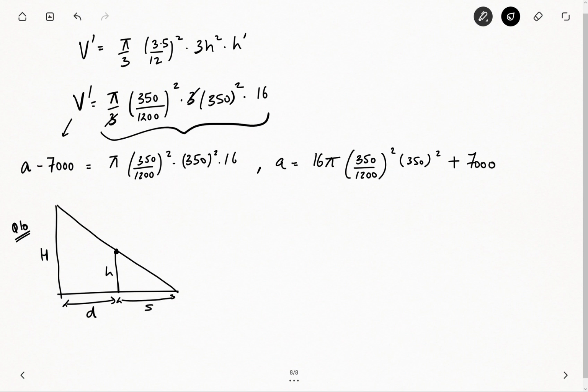First of all, they want you to call h prime v just for the analysis of the problem. So whatever we see as h prime, we're going to replace by v. That's okay. But let's figure out a relationship here. It's going to be by similar triangles.